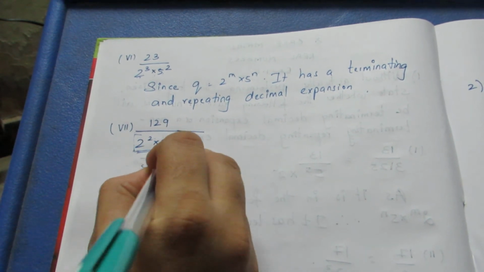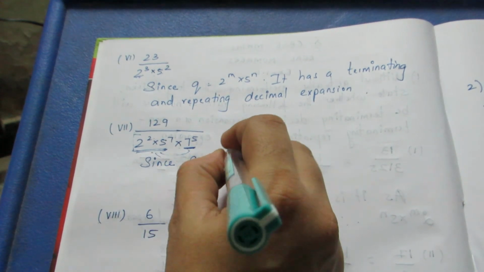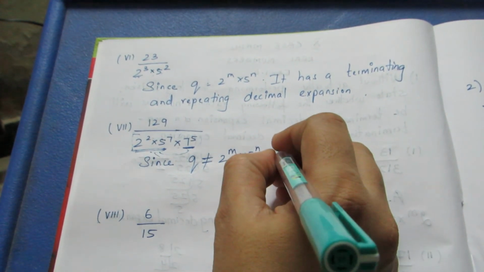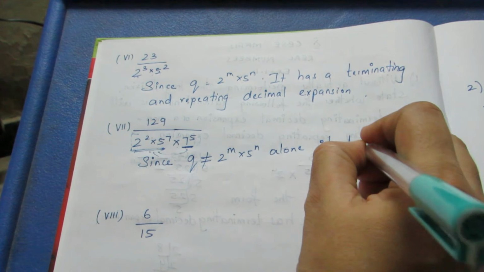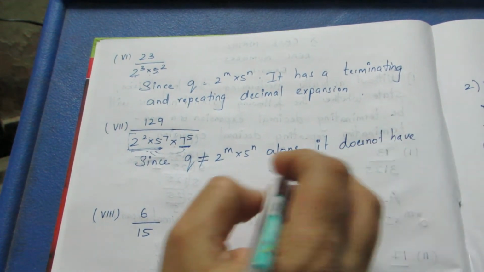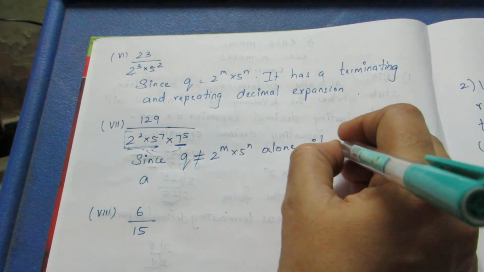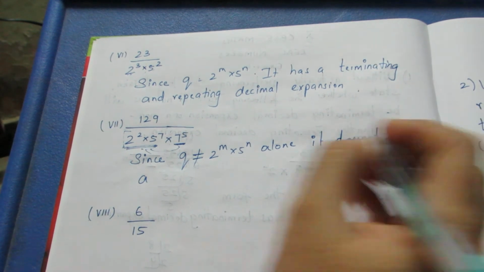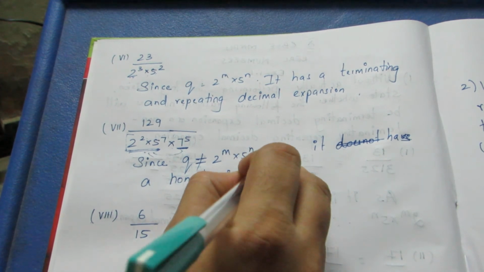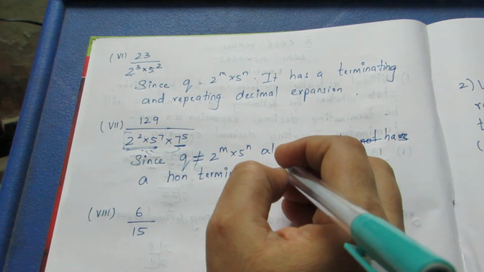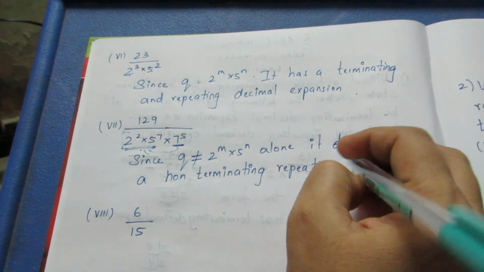So since q is not equal to 2 power m into 5 power n alone, it has a non-terminating repeating decimal expansion.